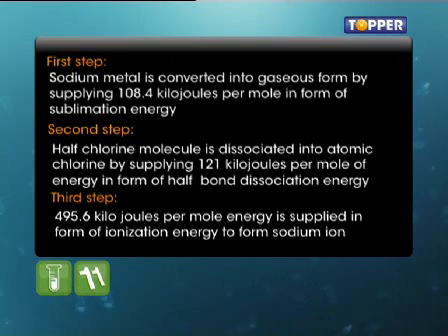In third step, when 495.6 kilojoules per mole energy is supplied in form of ionization energy, it forms sodium ion. Atomic chlorine releases 348.6 kilojoules per mole energy as electron affinity.